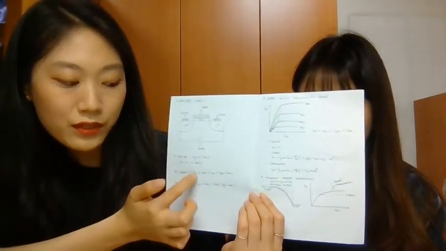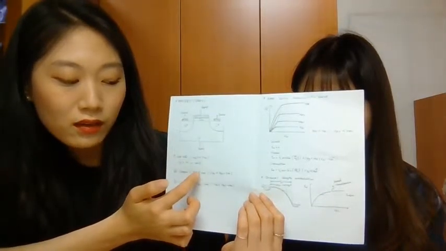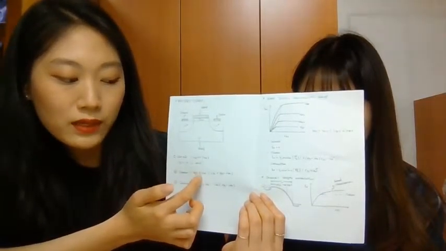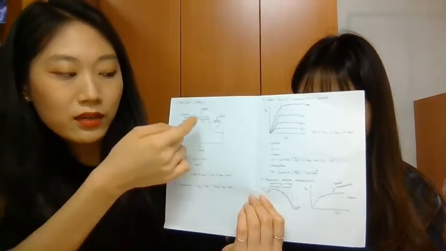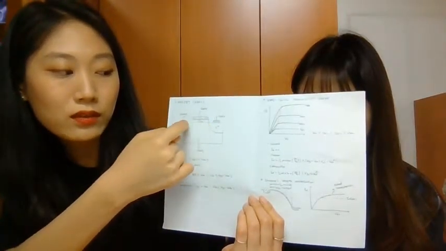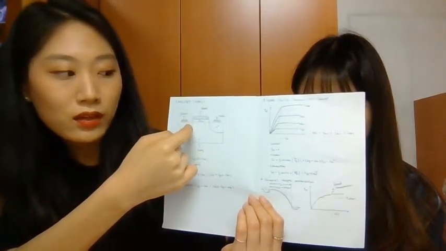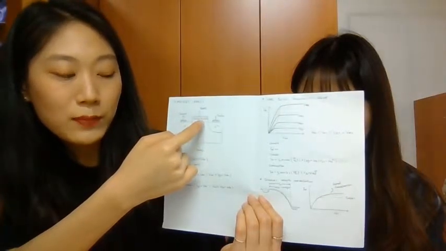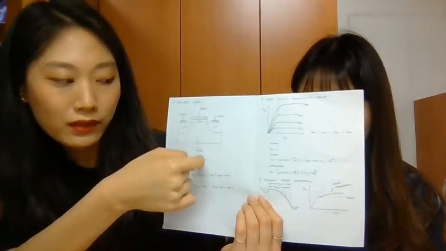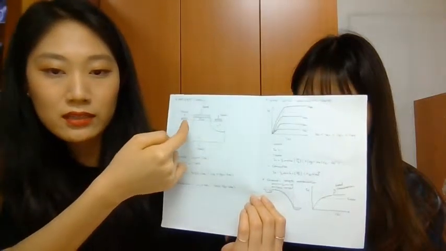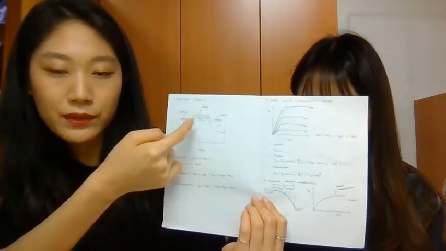And next, the second one is the linear state, which is the same as the triode state. When the VGS is much bigger than or the same as VTH, then the channel is formed between the drain and source. It is because of the vertical E field, and the channel is equal to the inversion layer.